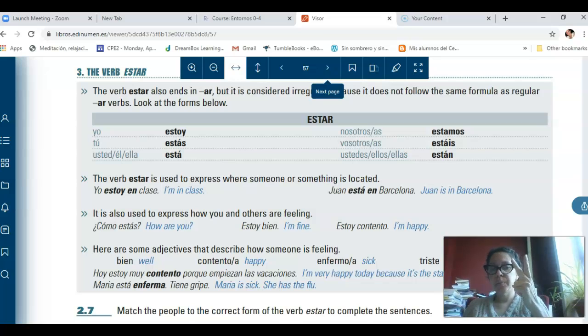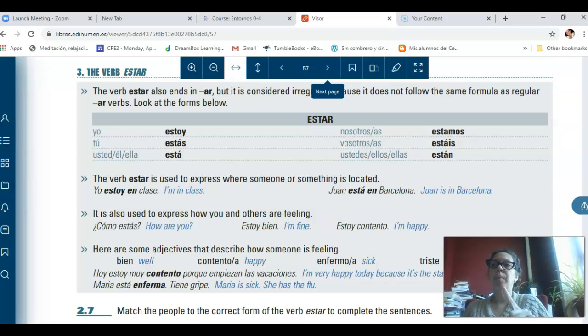Two uses. Again, one use is to express location. Estoy en la clase. Estoy en la calle. Estoy en el parque. And the second use is to express how you feel, ¿verdad? Estoy contento. I am happy.